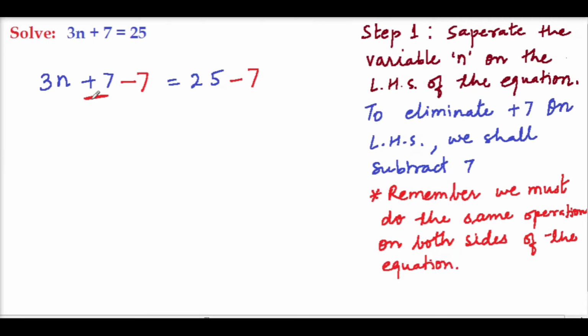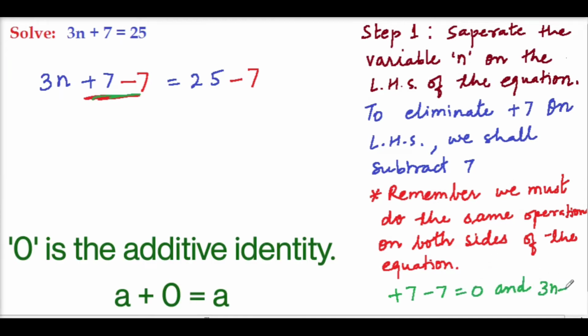On the left hand side you can see plus 7 and minus 7, and we know that plus 7 and minus 7 gives 0. Plus 7 minus 7 equals 0, and 3n plus 0 equals 3n.